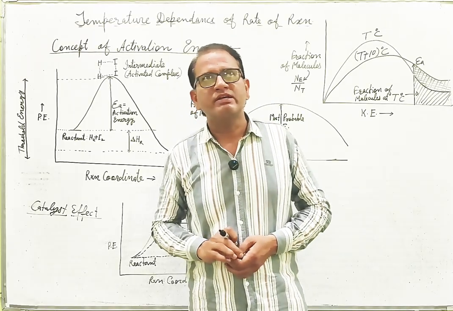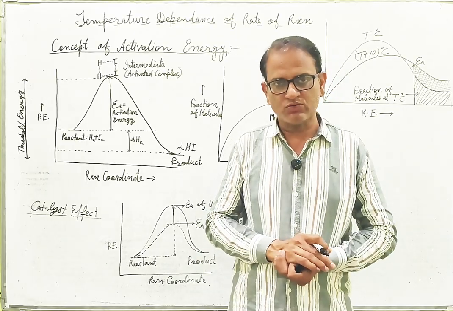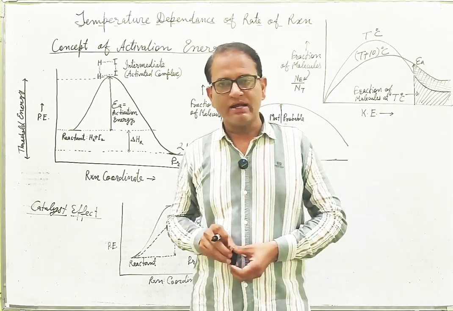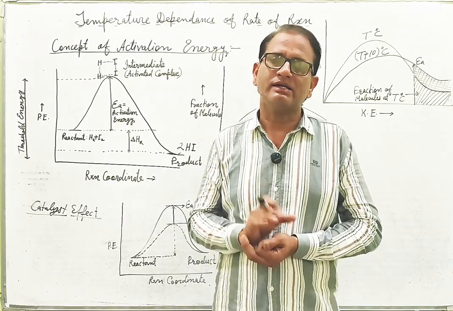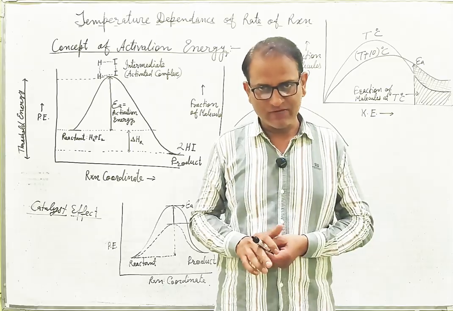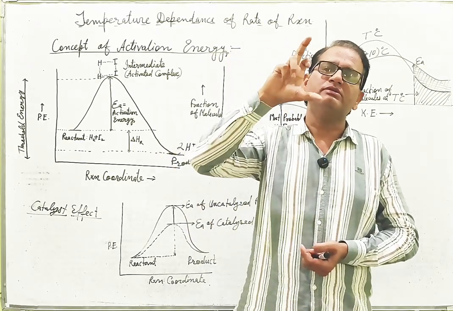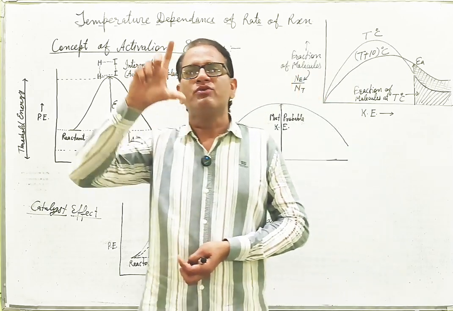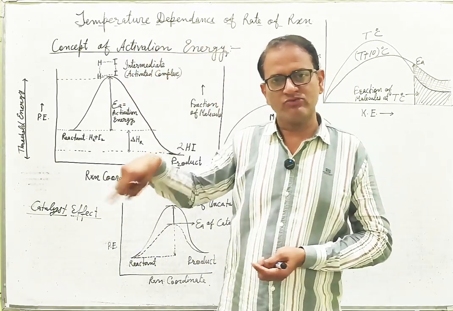It means there is always a barrier for a reactant to convert into product, and the reactant has to pass that energy barrier. That energy barrier is the maximum amount of energy which a reactant should have if it is getting into product.